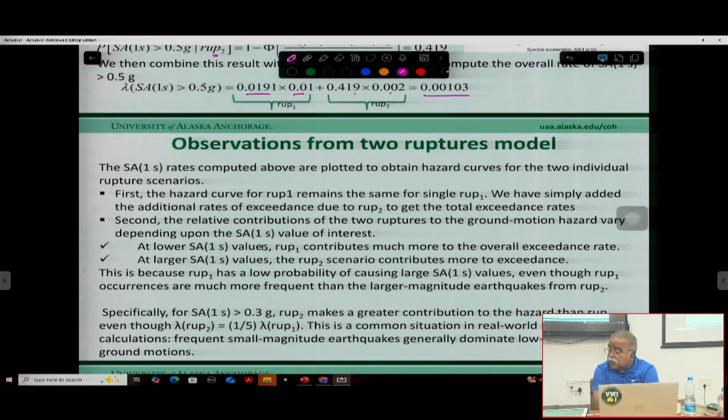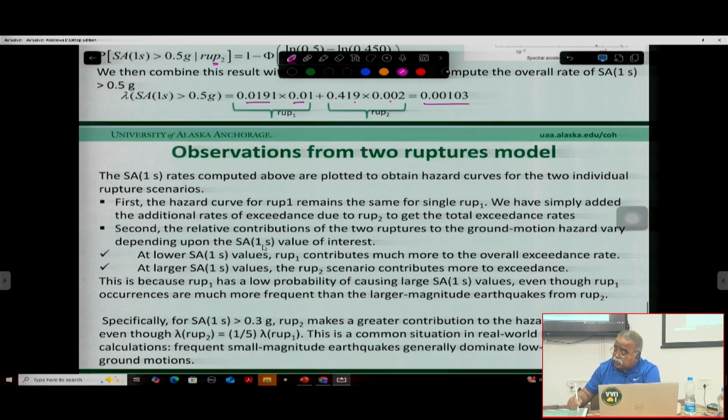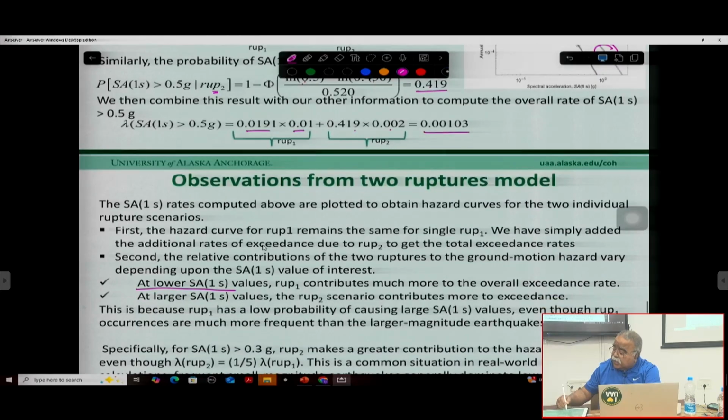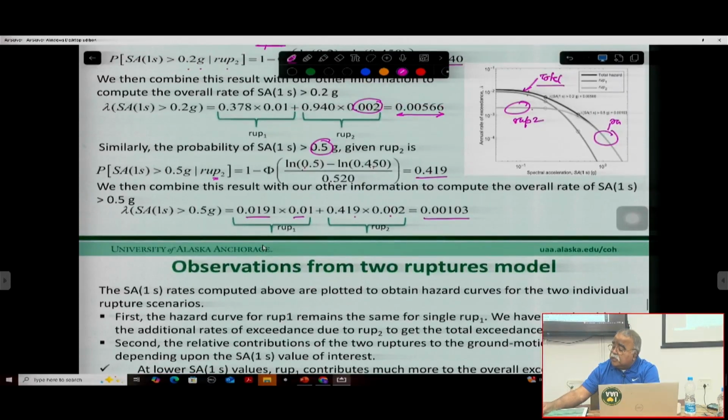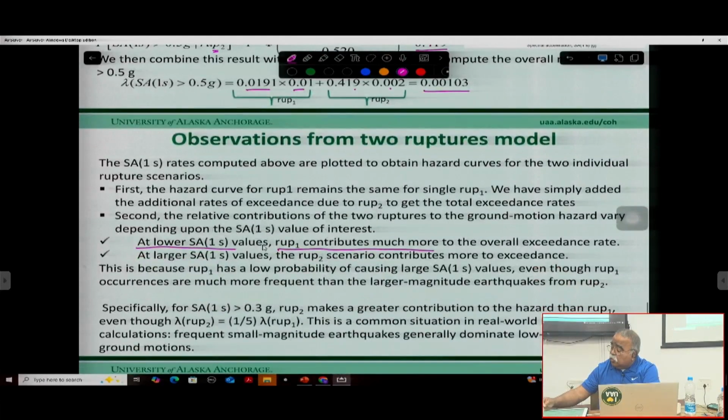So that means you can see at the lower value of SA at 1 second, rupture 1 contributes much more. There is much more contribution by rupture 1 than rupture 2, right? At the lower stage.